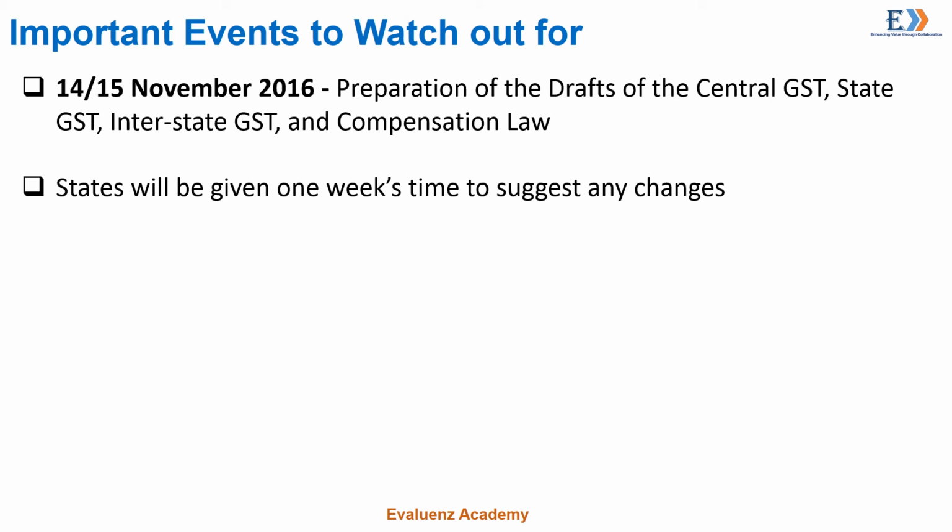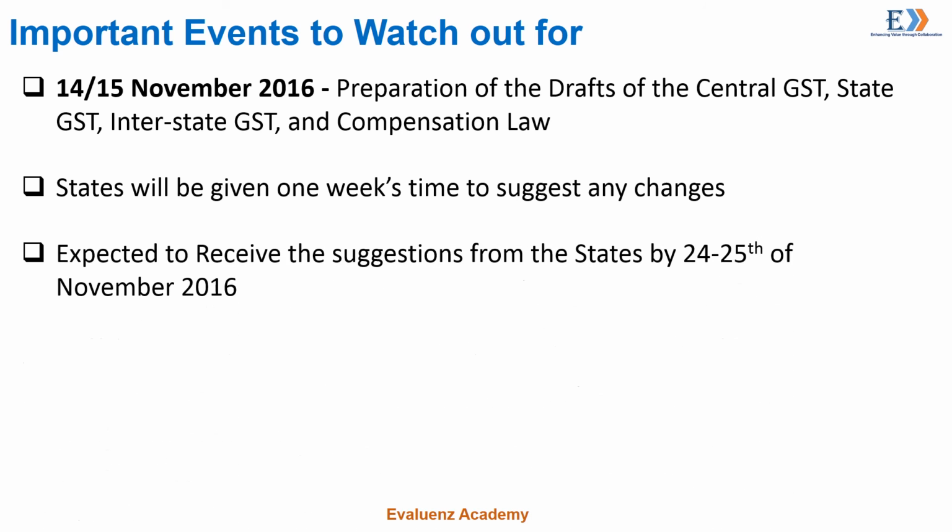Now the time of 1 week may seem to be less, however we need to consider the fact that the regulations have already undergone a review by a number of states in some of the earlier events. So the expected date to receive suggestions from the states is around 24th or 25th of November.